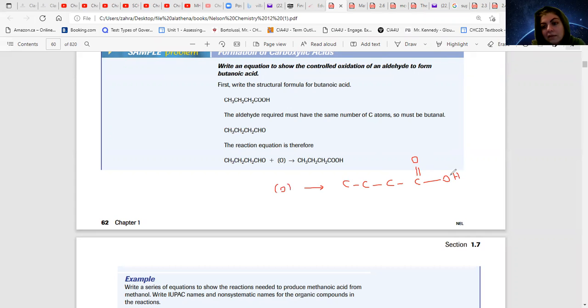This side will just be a single bond with hydrogen, and you oxidize that. So here we have C 1, 2, 3, 4, and this is double bond with oxygen and just H here. This one has H2, H2, H2. I didn't write it down, but it's the same thing. Oxidizing that, you will get this.